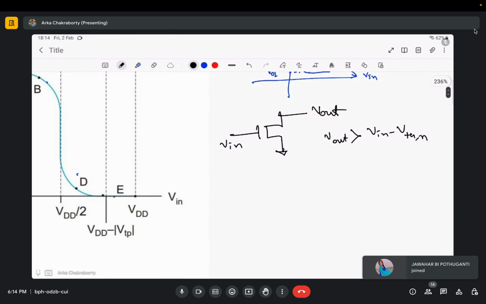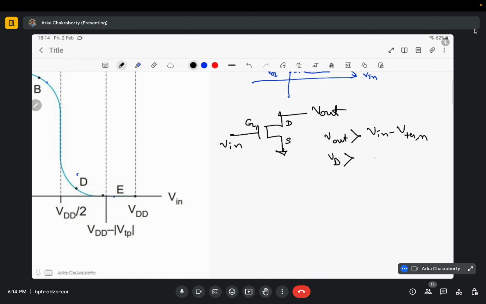Now what is V output here? V output here is V drain. Basically this is my drain, this is my source, and this is my gate. So V output is V drain, V drain is greater than V input, and V input here is Vg, and V threshold is Vth.